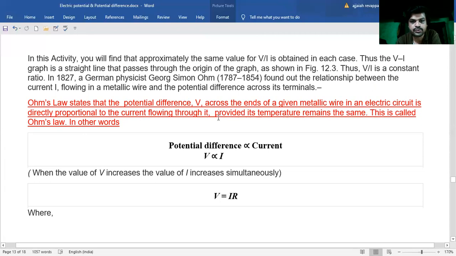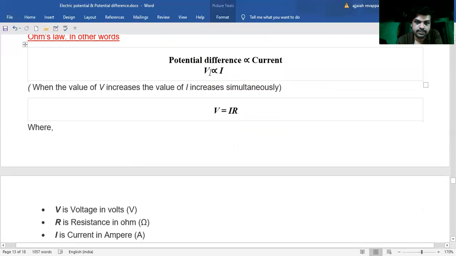You are supposed to write this: provided its temperature remains the same. This is called Ohm's law. In equation form, Ohm's law can be written as V directly proportional to I. Potential difference is proportional to current. Okay, now this is not an equal sign, this is just a proportionality sign.